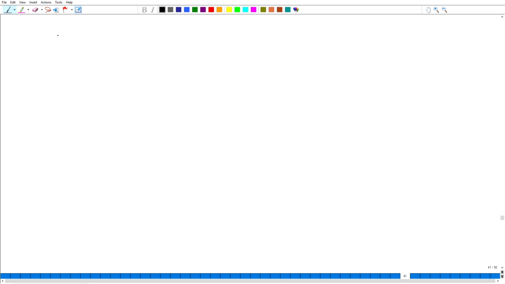So, the glide matrix. Let us start with the mirror plane, follow it up with a translation, and just this is my, let us say, the x direction, this is the y direction.